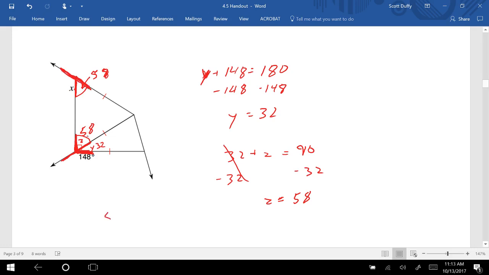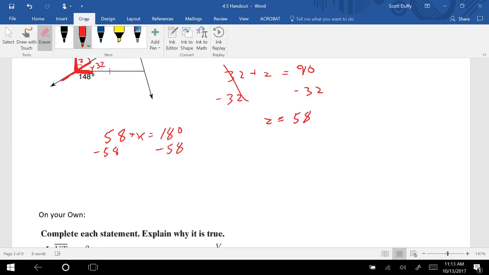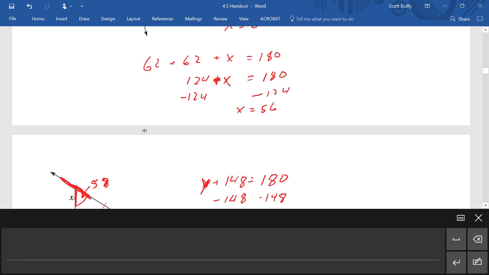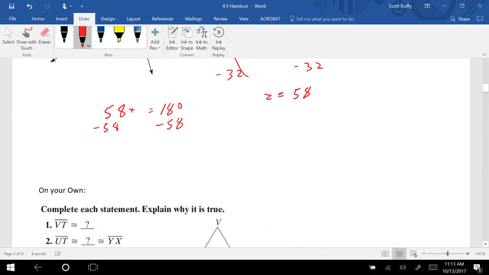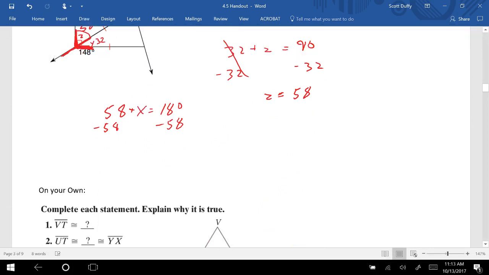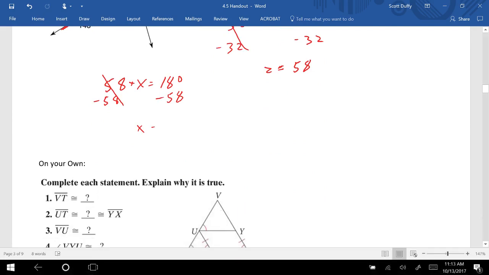So then you say, well, 58 plus x equals 180. Subtract 58, and x equals 122.